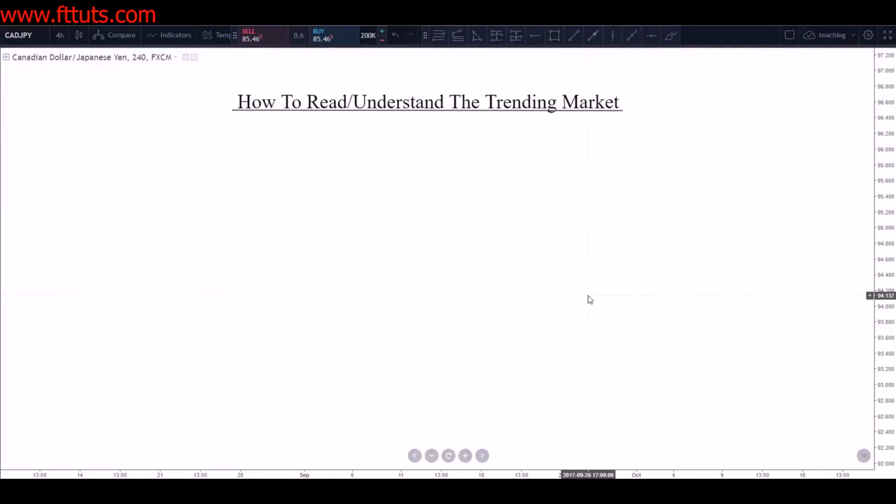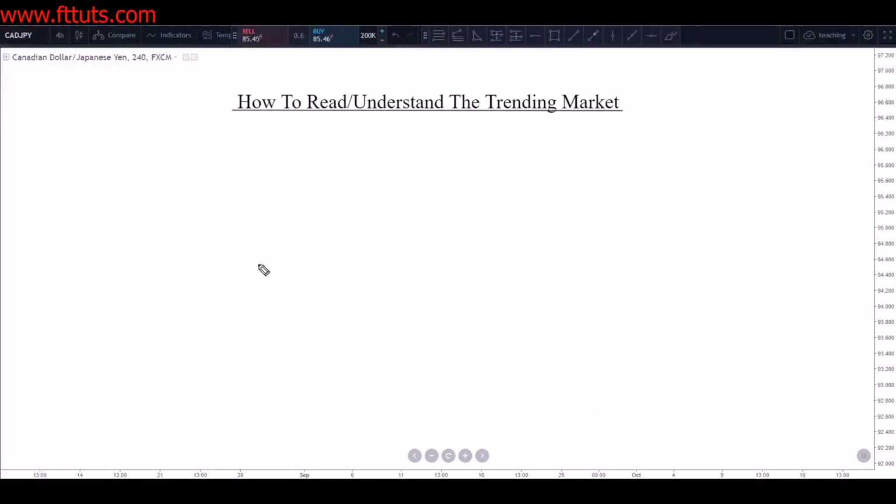The strategy we're going to learn is a trend continuation strategy, so that's why we're going to be looking at trending markets until the end of the transition phase. At that point, we'll take a look at reversals, consolidation, and more advanced strategies, but for now, we're going to focus on just trending markets. So let's dive into how to read and understand the trending market.